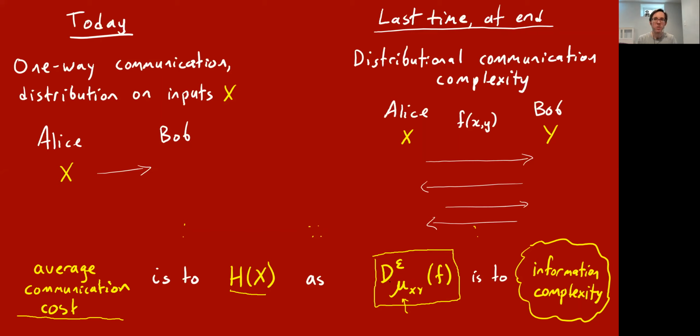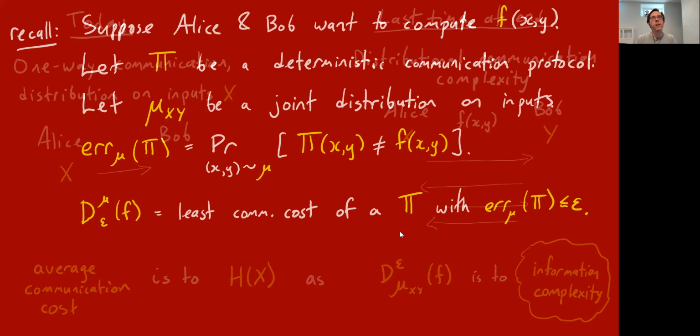This was the distributional communication complexity of f under distribution mu. And it turns out the right information theoretic number for two-way communication is this quantity called information complexity. So that's what I want to tell you about in the last 20 minutes.